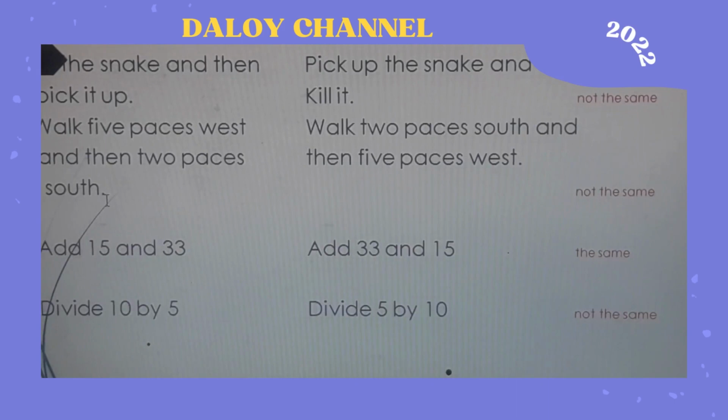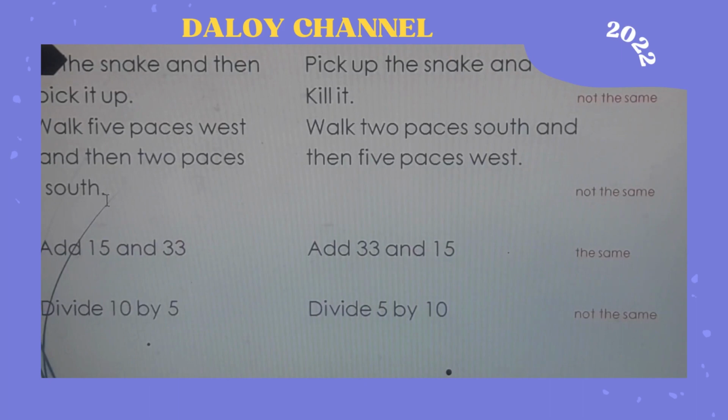So if we simplify these two of different arrangement, we are obtaining the same answer, which is 48. So both statements are the same. Number 5, divide 10 by 5.